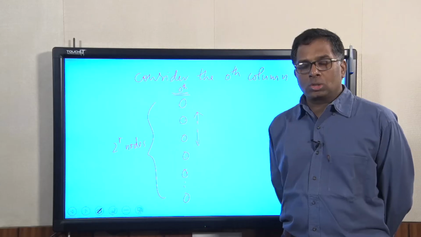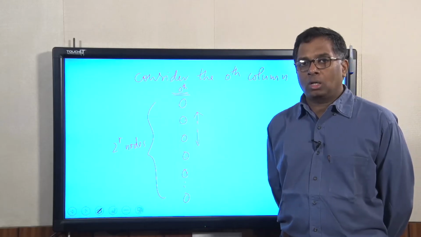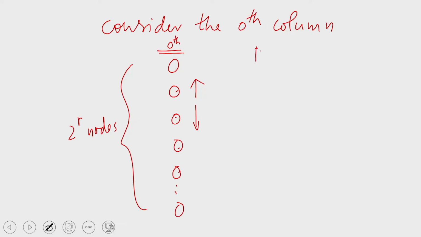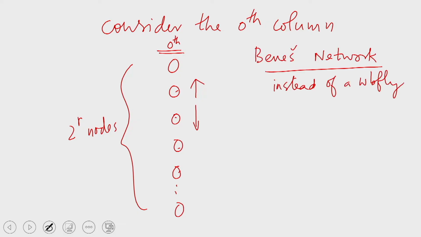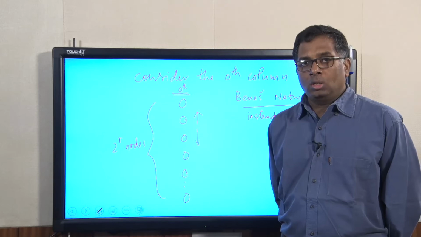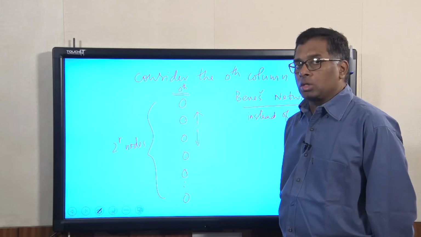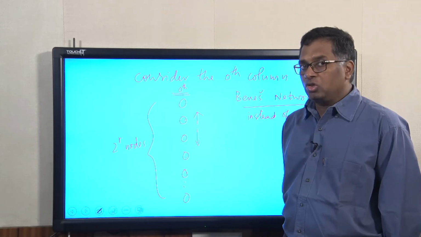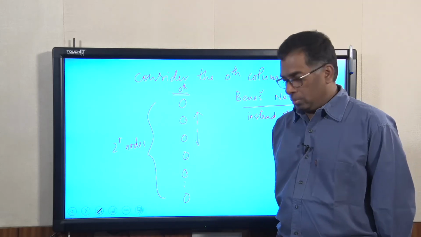How would we do this if we had a Benes network instead of a wrap butterfly network? As we saw in the last class, given any permutation pi of the input values, a Benes network will allow us to realize this permutation using edge disjoint paths.